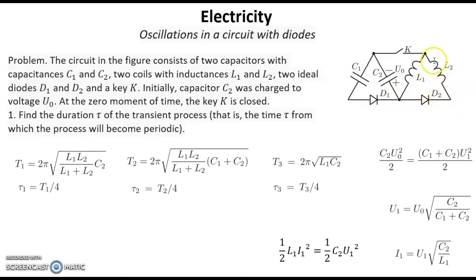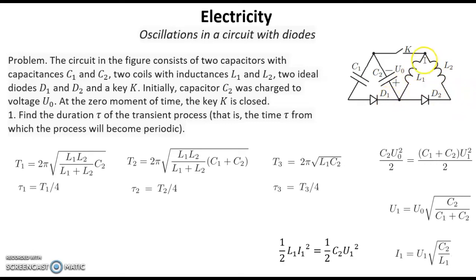So current will go through L2, and we can calculate what happens during this process, because in this part we have current going through this coil, but we have opposite current going through this coil. This current will decrease, this current will increase, and the charge of this capacitor will stop when this current becomes equal to this current.